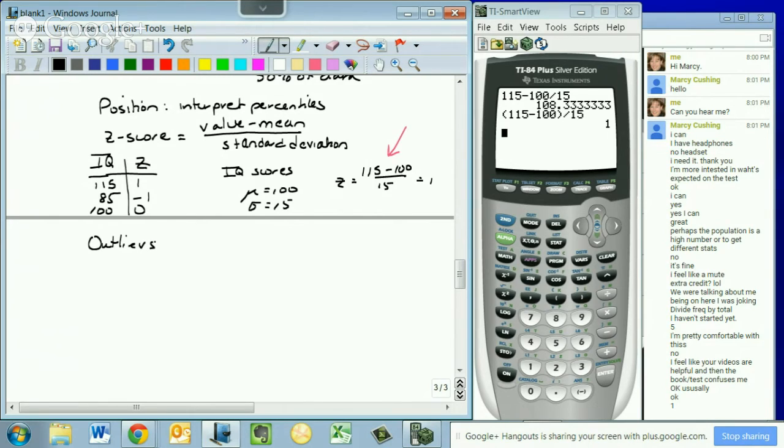Okay, outliers. So outliers are extremely large or extremely small values. And so the idea is that you're going to calculate some fences.